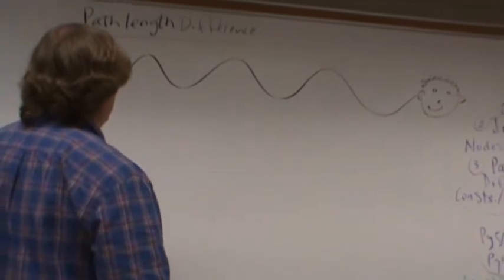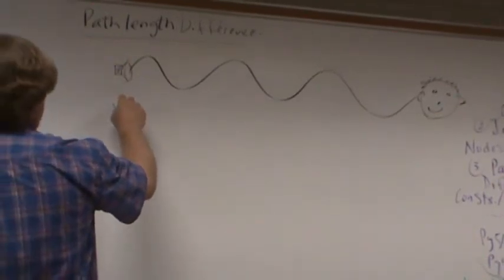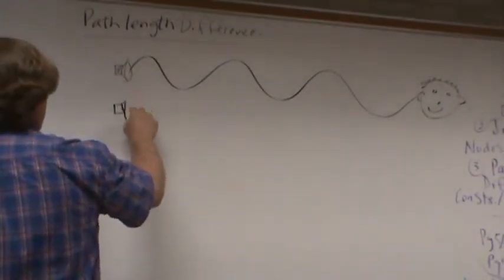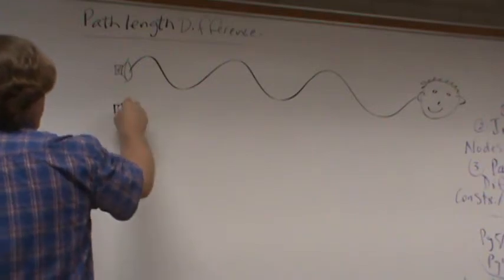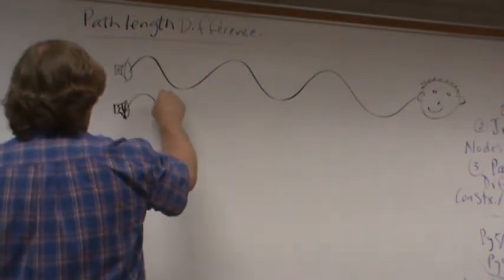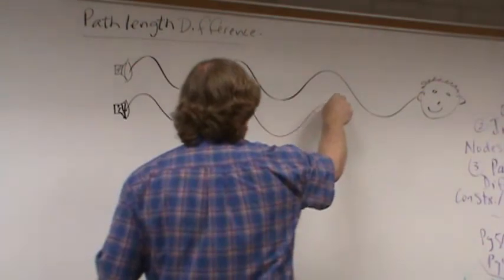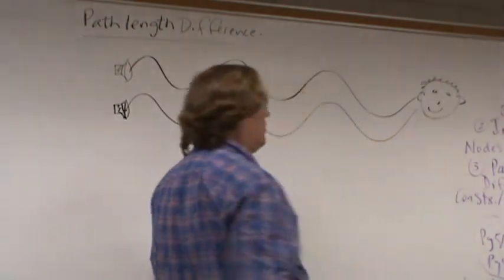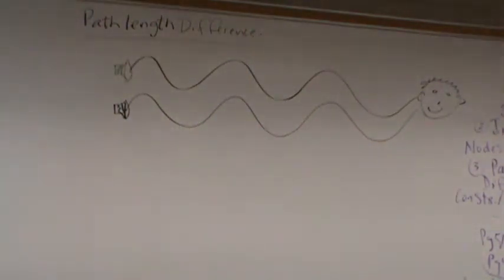And let's say I had another speaker, and that speaker was putting out an identical tone, and it was reaching that guy. And the two speakers are the same distance away from that guy. Tell me, what kind of interference is this guy experiencing right now, constructive or destructive?